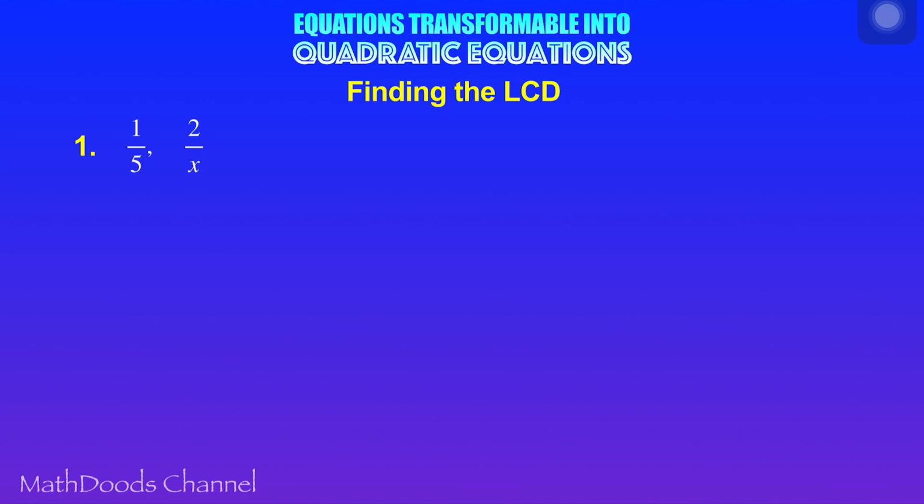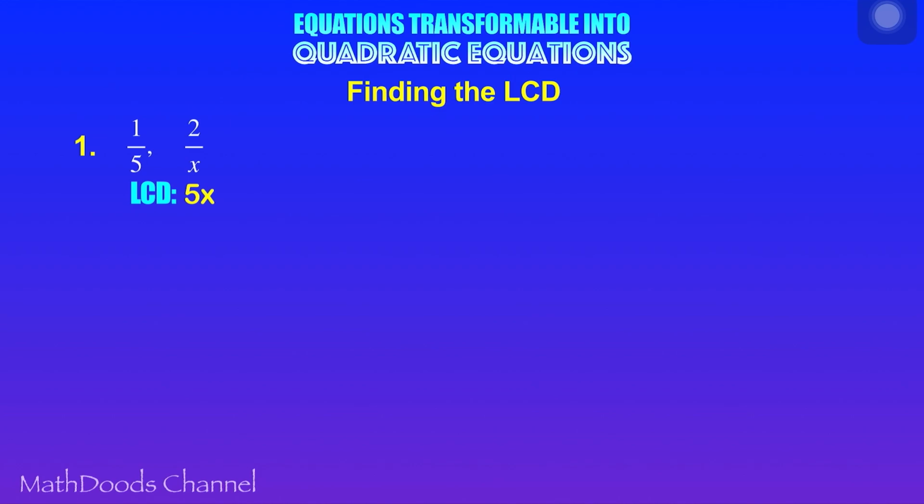5 and x are relatively prime, so you will just multiply them to find the LCD. So 5 times x is 5x. So the LCD of these two rational expressions is 5x.